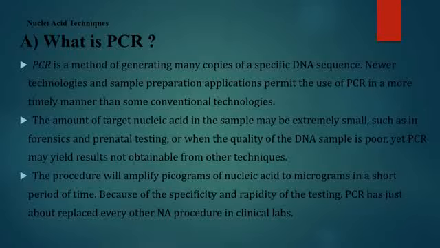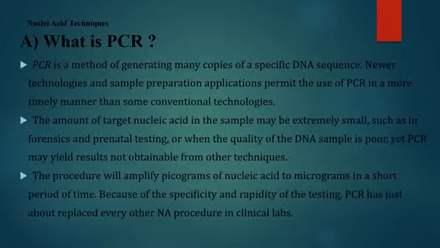You go to a crime scene, you see a blood spot, you want to find out whose blood that is. That might be just a drop of blood, and out of that drop of blood, you will get less DNA for your analysis.